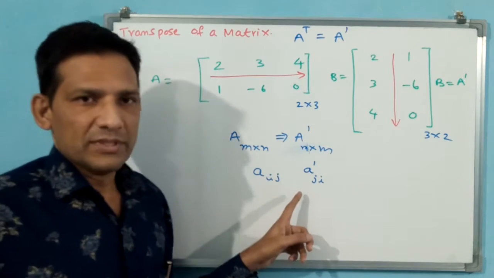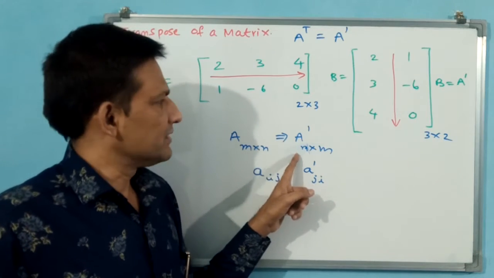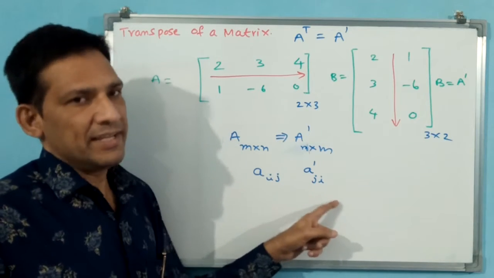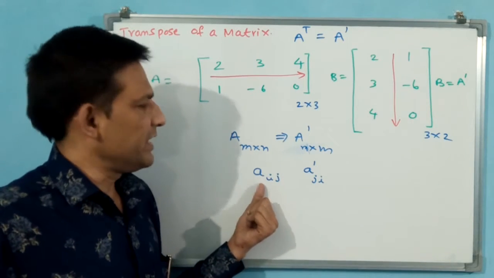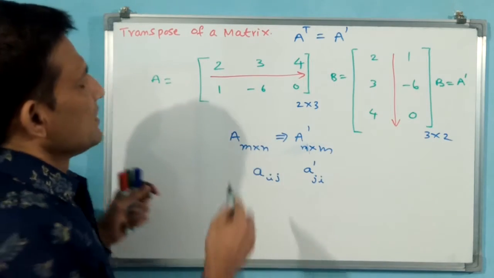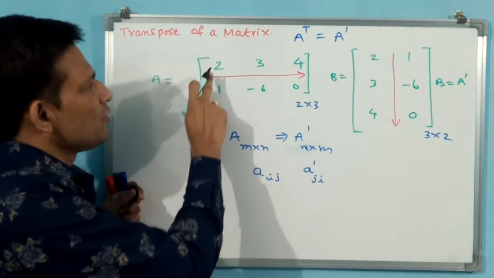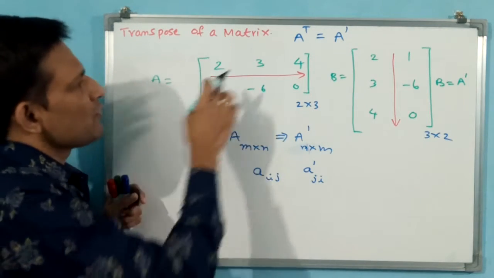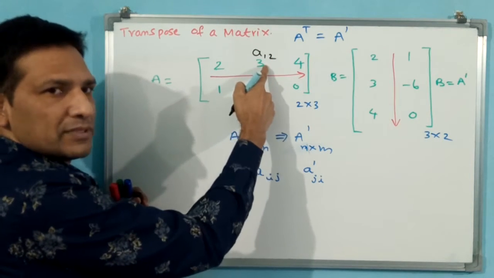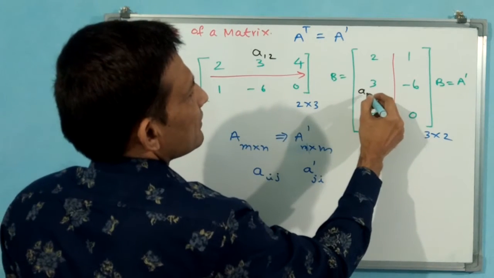Transposed matrix is n into m, transposed element is ji, because first ij will be there, then ji will come. Now go back and see: this is A11 and A11, both are the same, so you don't find any difference here. But here, this is A12, that means row 1, column 2. Now it has become A21 here.